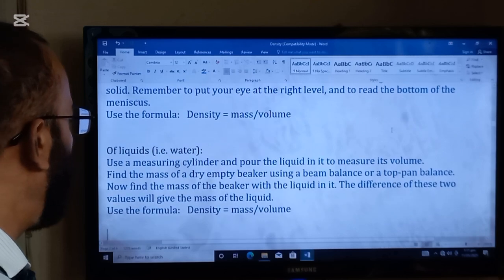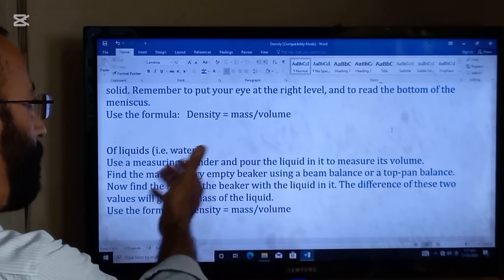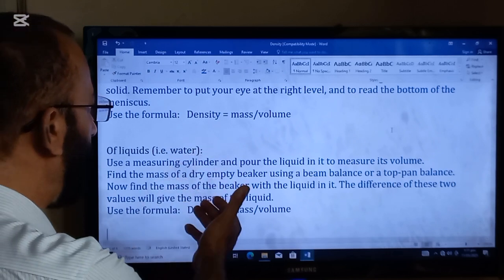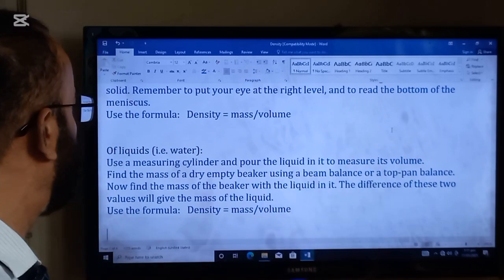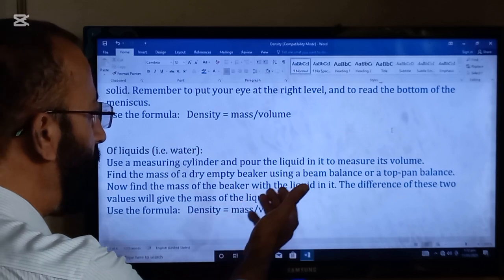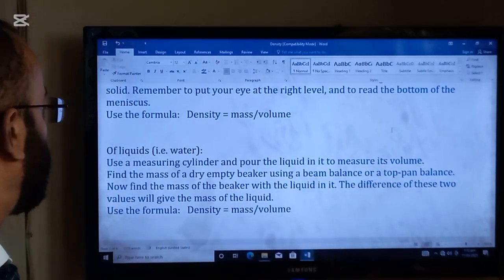Next, we are going to learn the method of finding densities of liquids, for example water. Use a measuring cylinder and pour the liquid in it to measure its volume. Find the mass of the dry empty beaker using a beam balance or a top pan balance.